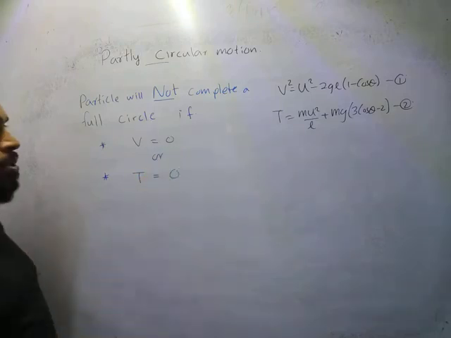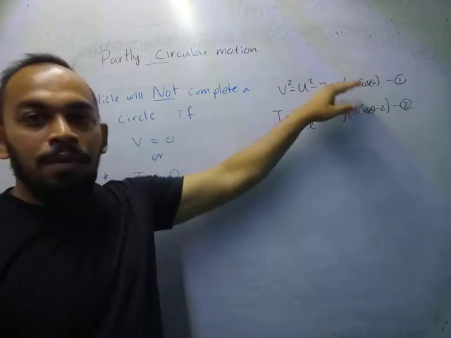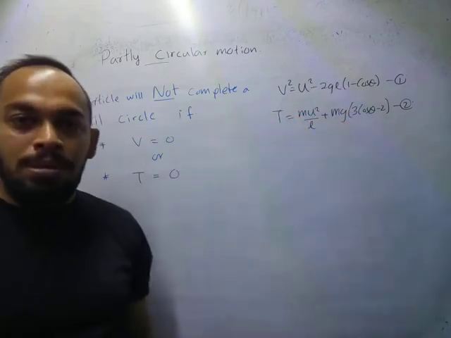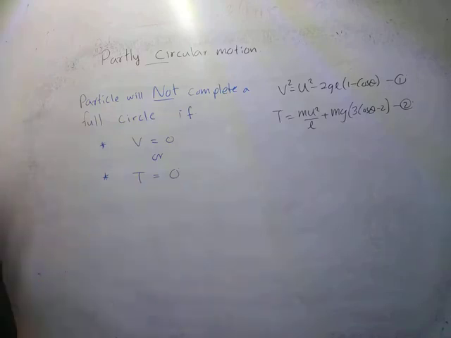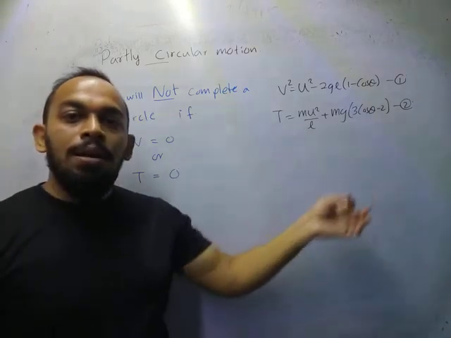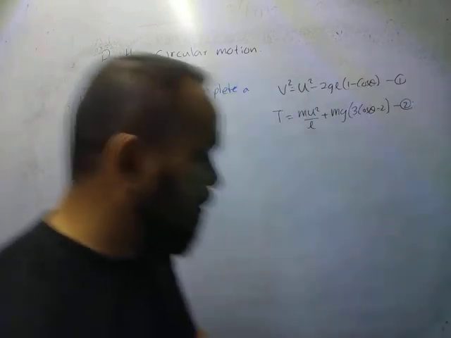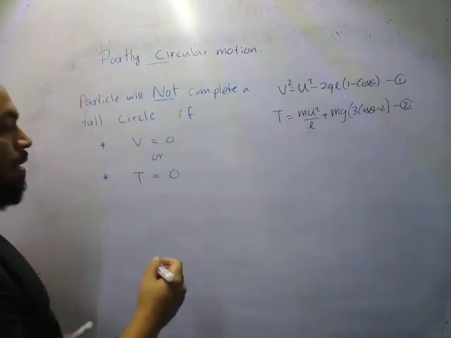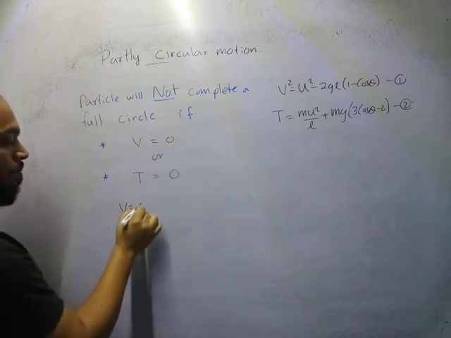To analyze this motion, let us make v equals 0 and find where it happens and under what conditions. And let's make T equals 0 and see where the tension becomes 0 and under what conditions. Okay, so v equals 0.